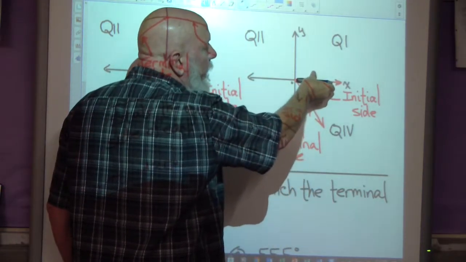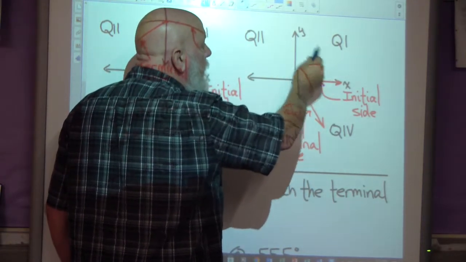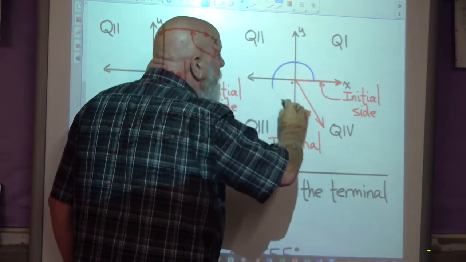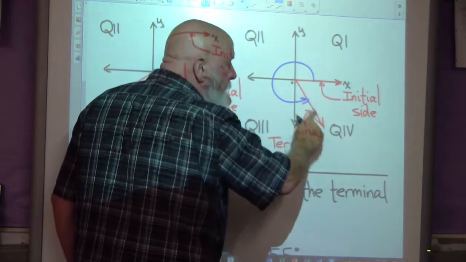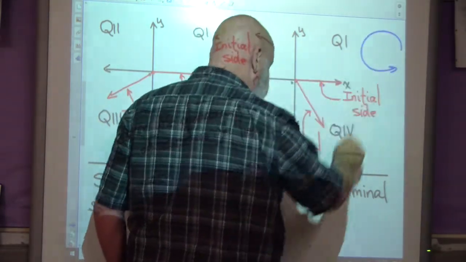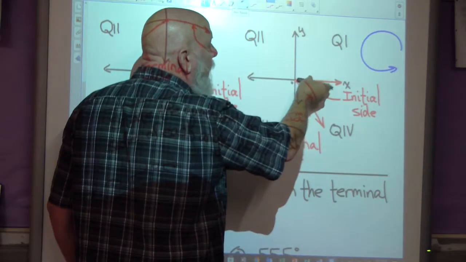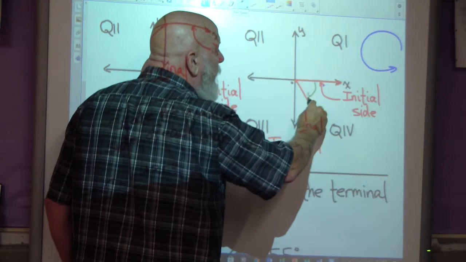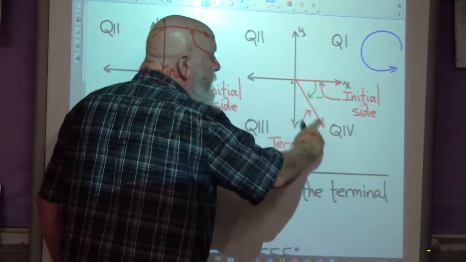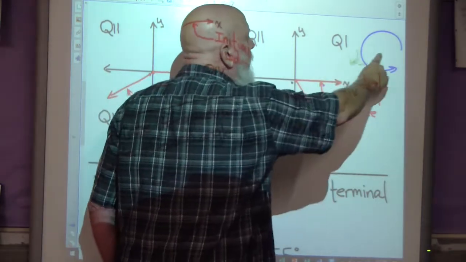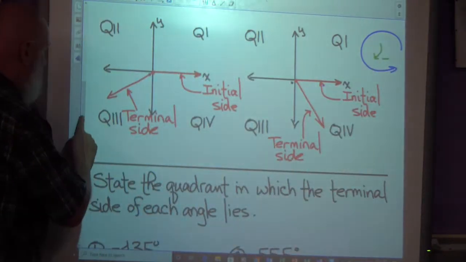If we started here and rotated in a positive direction and stopped here, that would be a terminal side in quadrant 4. As it would if we started here at the initial side and rotated in a negative direction. This would still be a quadrant 4 terminal side. Okay?